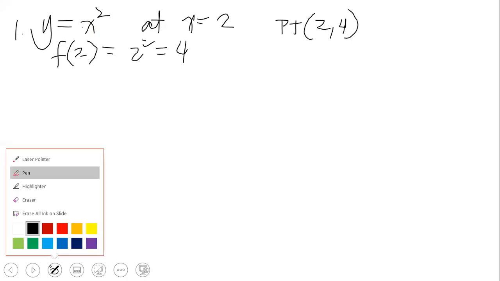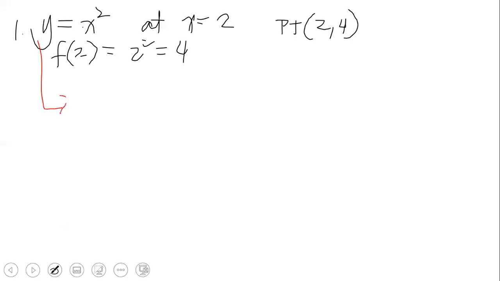Okay, this time we will differentiate the function, which is y prime equal to 2x. So meaning we get the derivative. The first derivative of y equal to x squared is 2x.